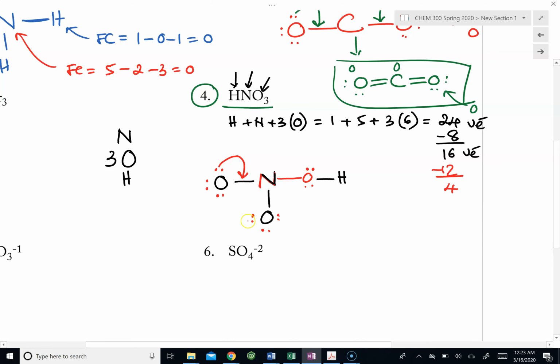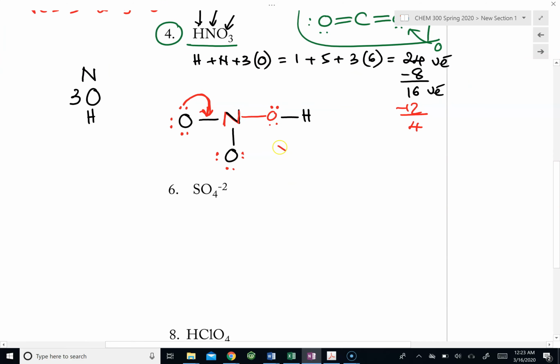One will be from the lone pair of the oxygen on the left. The other is the oxygen on the bottom, and the other will be the oxygen on the right side. But we'll visit that in a little bit. Following this arrow right here, we will have this structure.